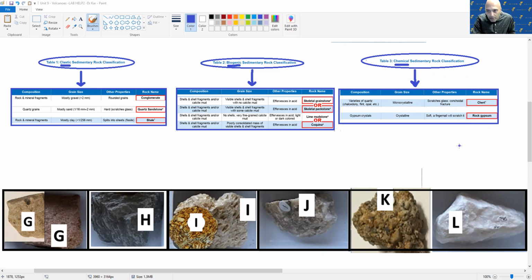So take your fingernail and scratch all of the rocks, and the one that is scratched by your fingernail is going to be the rock gypsum. So here you go, 3 of the rocks done. Limestone reacts, chert scratches glass, and gypsum you can actually scratch with your fingernail.